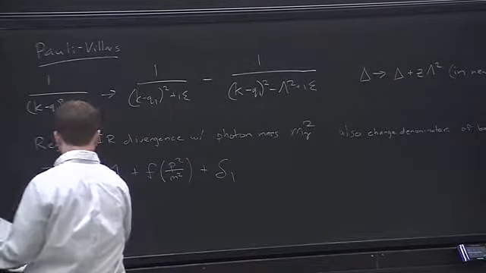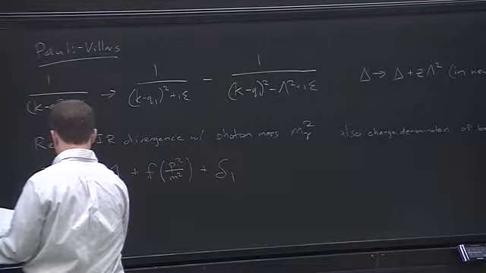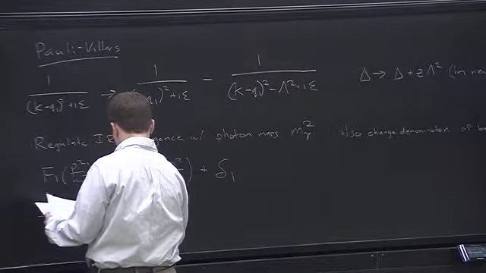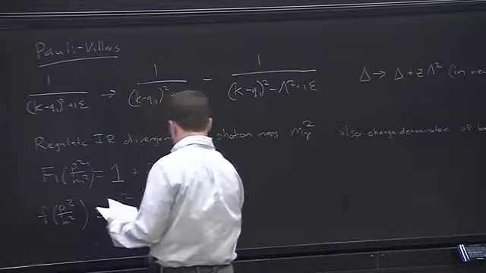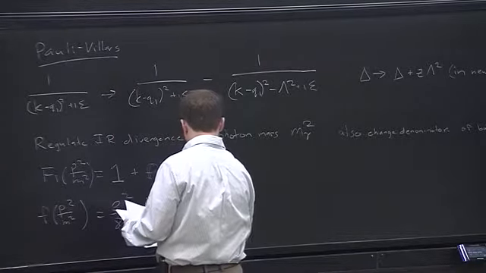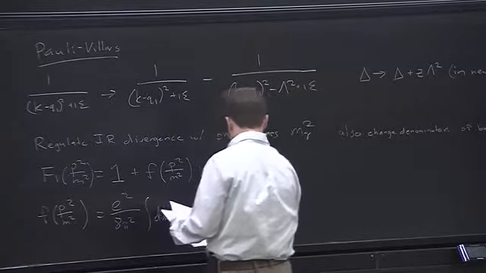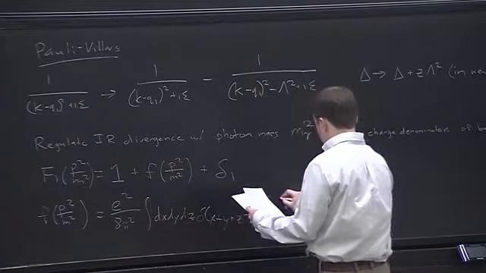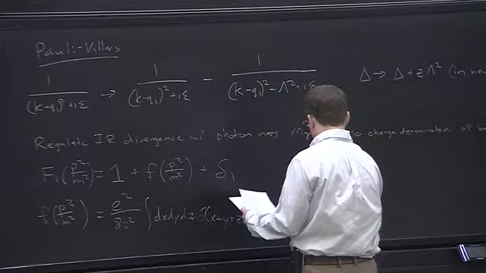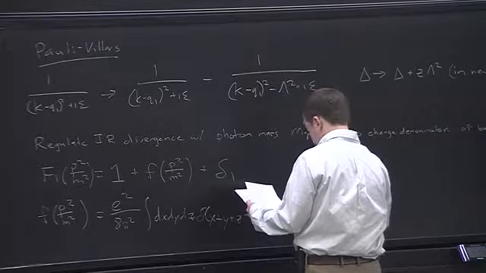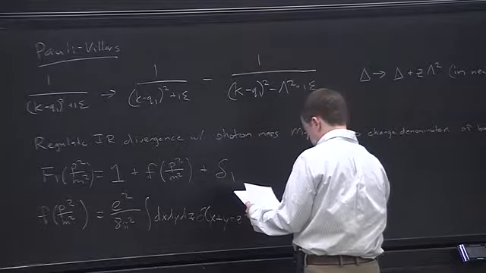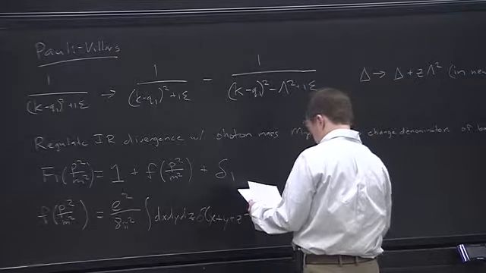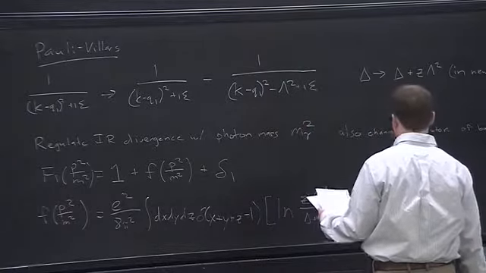With these changes, f takes the following form. So we have the integral over our Feynman parameters. This is all unchanged. The new term gives us a log of z lambda squared over delta plus z m squared.